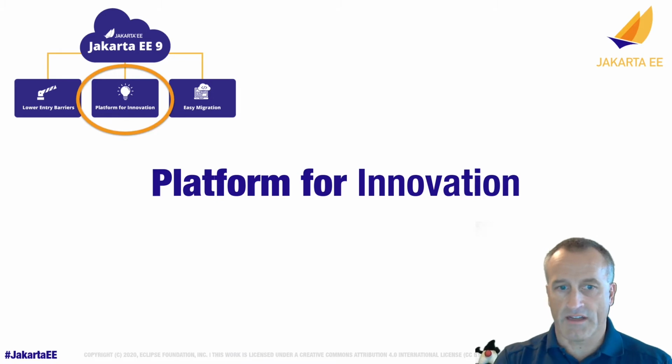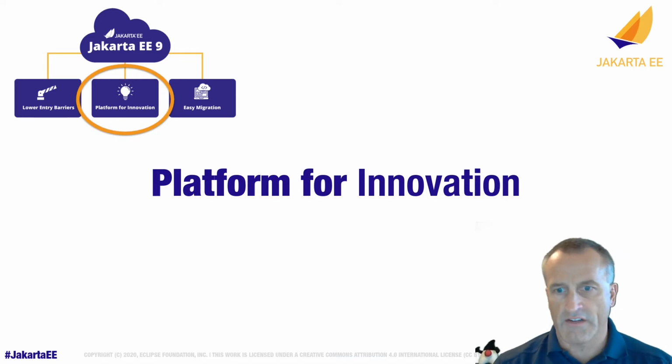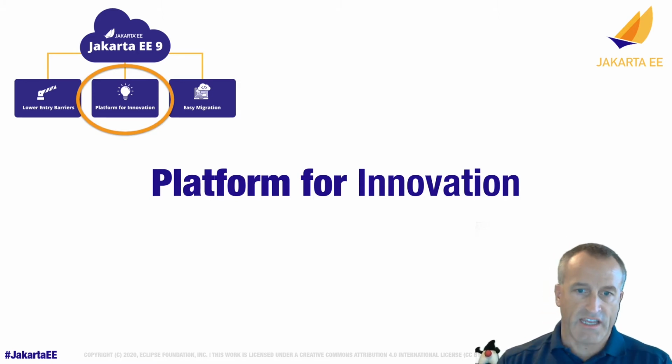We want to make it a platform for innovation, and that is the namespace switch we're doing, because being on the Javax namespace had some limitations. We couldn't really evolve the APIs there. So by doing the namespace switch, we make the platform ready for innovation. So Jakarta EE9 will be more or less the same as Jakarta EE8.